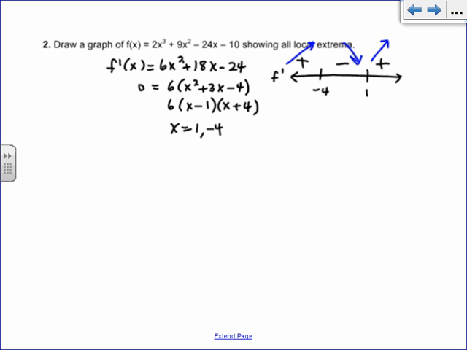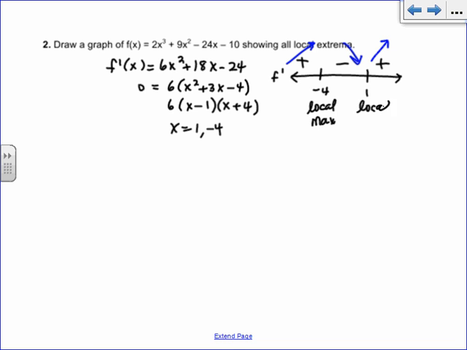Does that make sense? So if f prime is positive, f is increasing, right? So be really careful about that. You don't want to say f prime is increasing, or f is positive, right? That wouldn't work either.